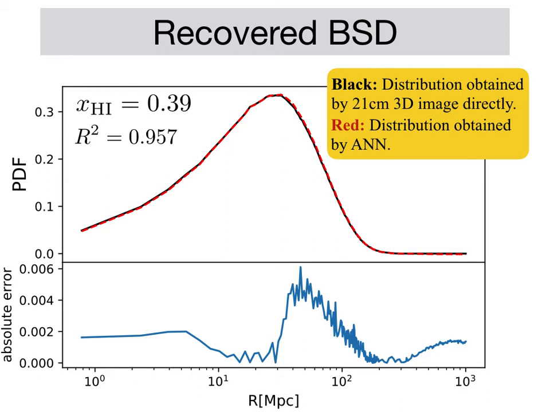And the red dashed line shows the bubble size distribution recovered from the 21 cm power spectrum with the neural network, and the black solid line represents the bubble size distribution obtained from the 21 cm 3D image directly. And in this case, we focus on the neutral fraction.